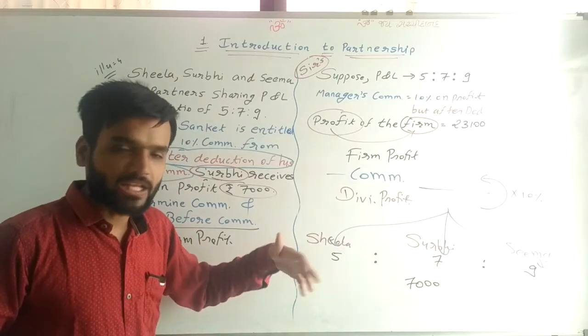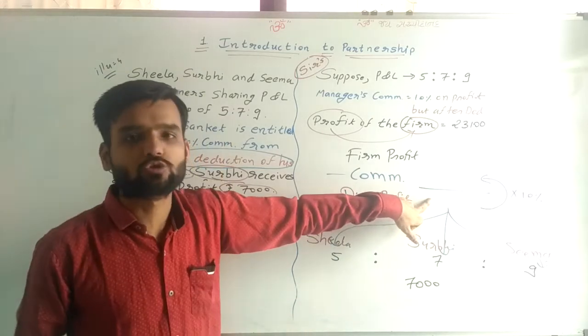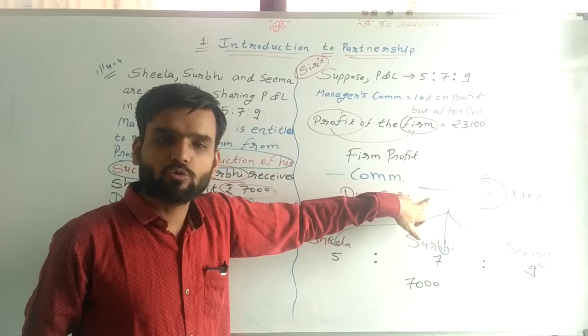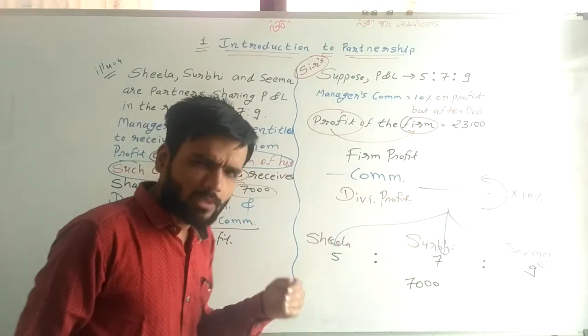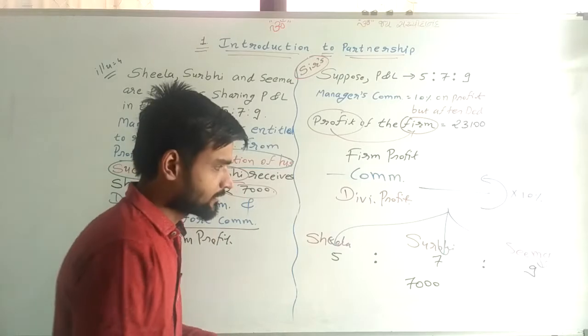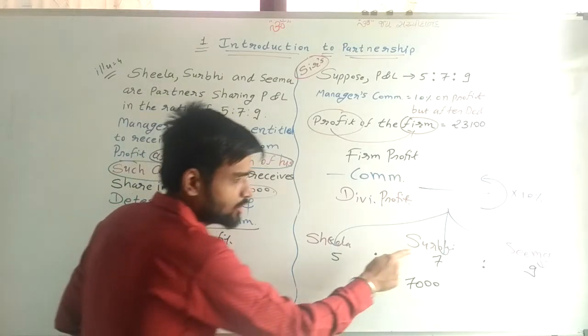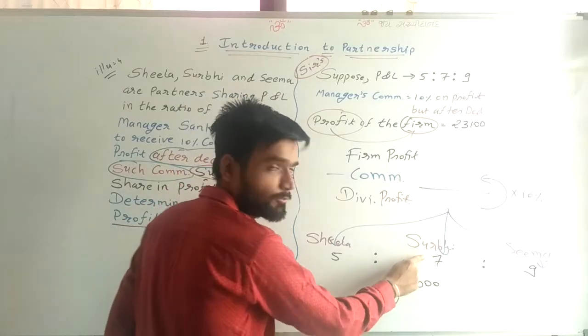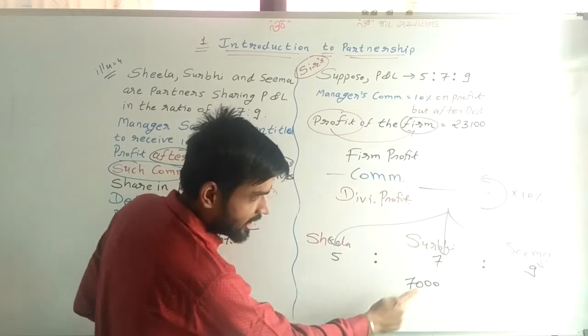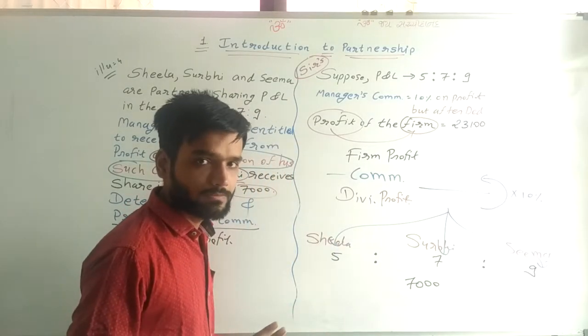Now we can directly find divisible profit also, but I want to clear some other things, so I am going by a somewhat long method. Surbhi gets 7 portions, and for those 7 portions her profit is 7,000 rupees.